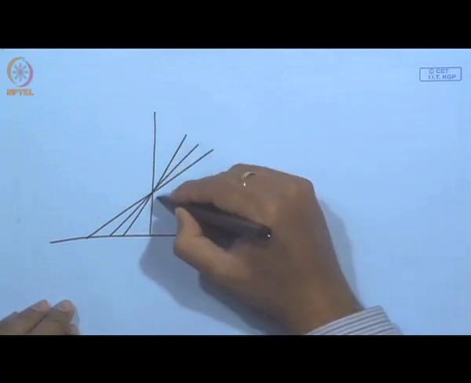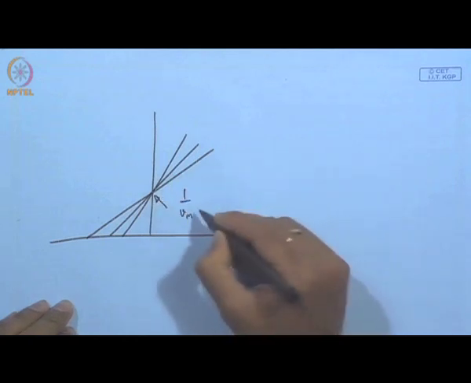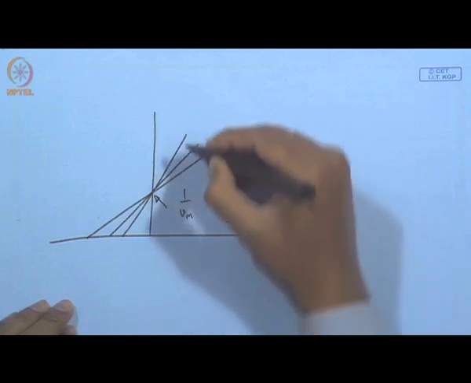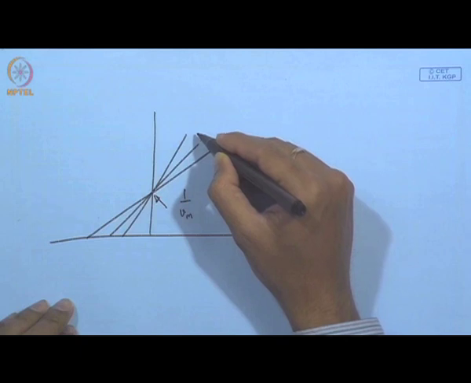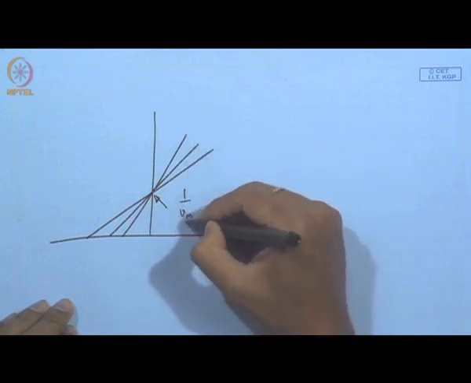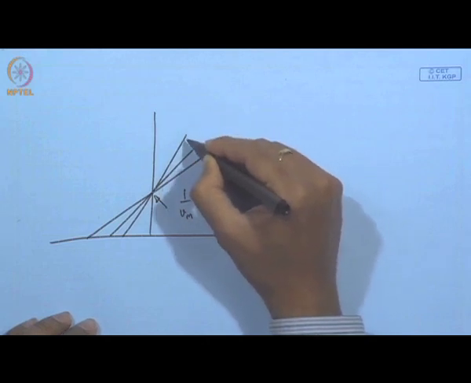So, this is your intercept. Intercept means 1 by V max. And you see the intercept is the same, the maximal velocity is the same, but with different Km. This Km is more, this is less.